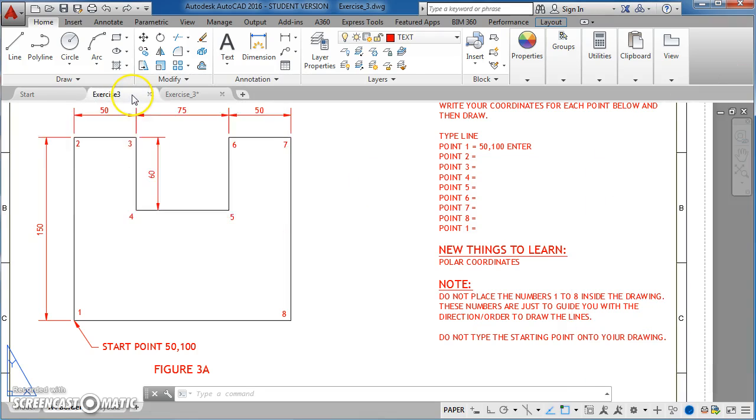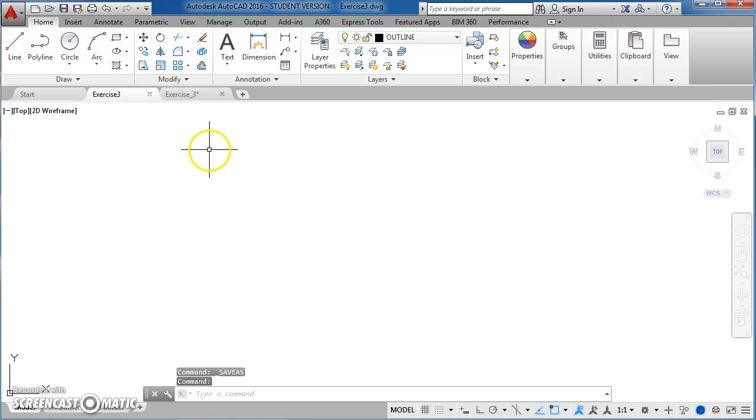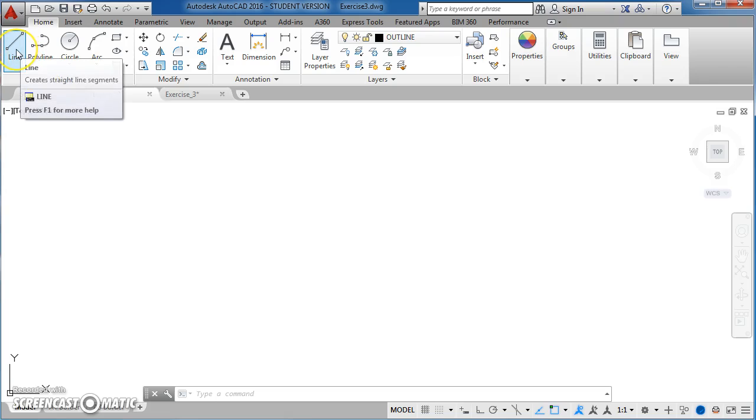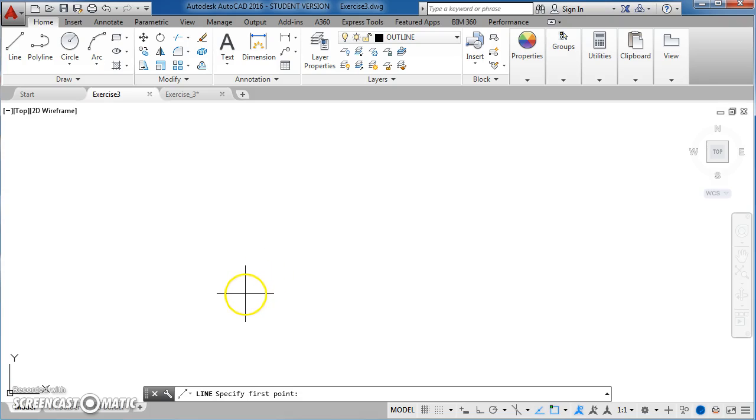Now let's see if we can repeat that on our drawing. So we've opened up a brand new template, and we're going to draw. We checked our layer, it's on outline, that's perfect, and we start drawing. So start the line command, type in your first absolute coordinate, which is 50,100, press the enter key, and we're away.